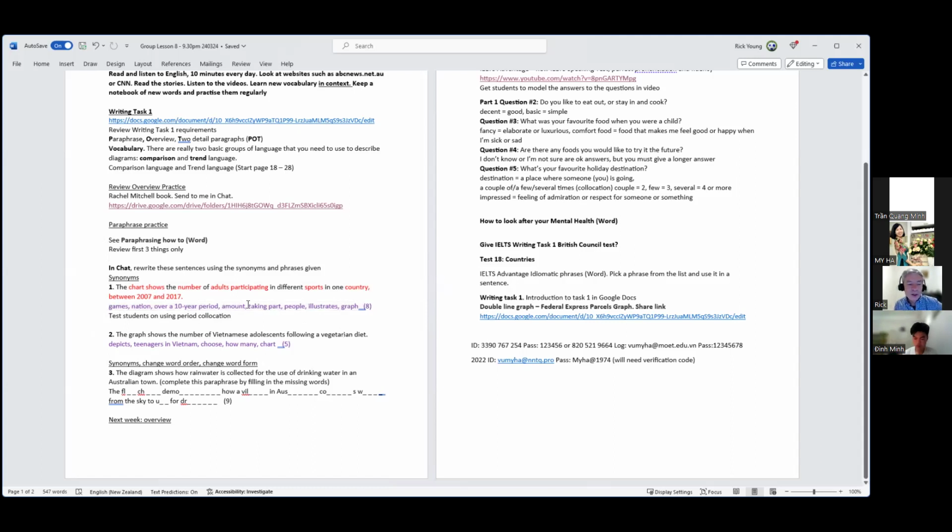Please choose the correct one to replace the words in red and send me your completed sentence. So you are rewriting the sentence or paraphrasing sentence 1 using these synonyms. Does that make sense, Quang Ming?